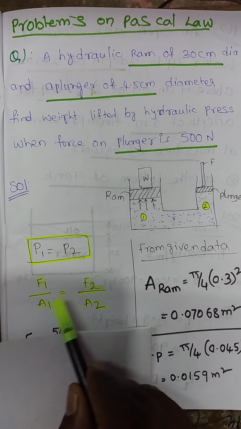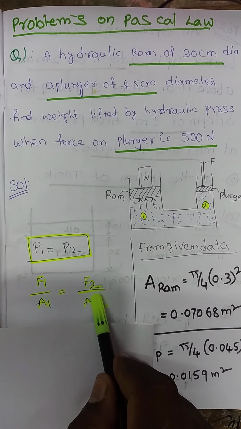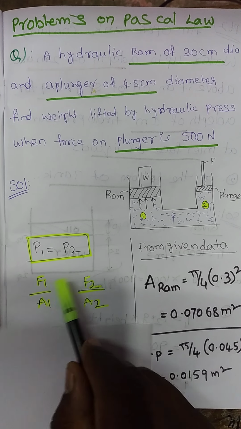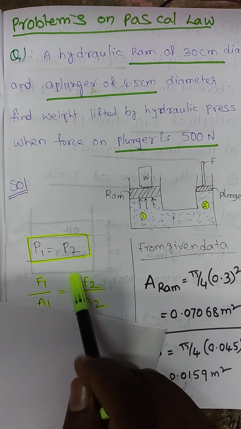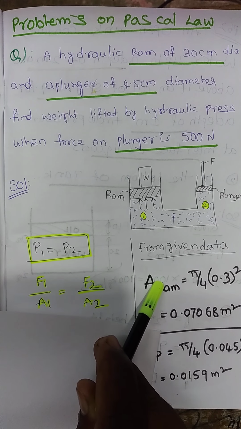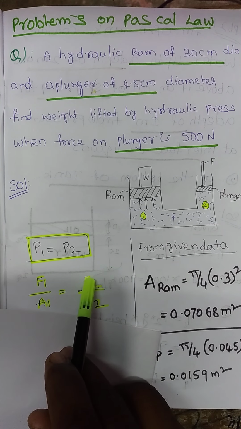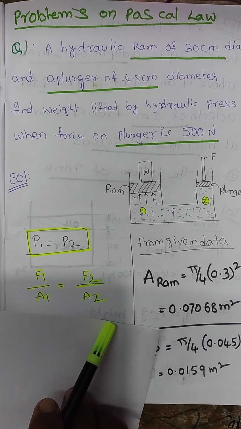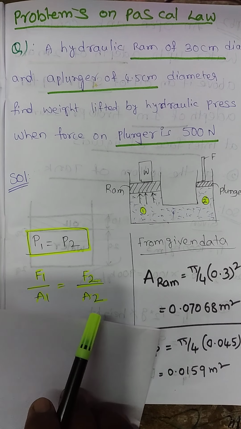So F1 by A1 is equal to F2 by A2. What is F1? F1 is nothing but the weight lifted, W, and A1 I know, which is the area of the ram. F2 is given as 500, A2 we calculated as 0.0159.